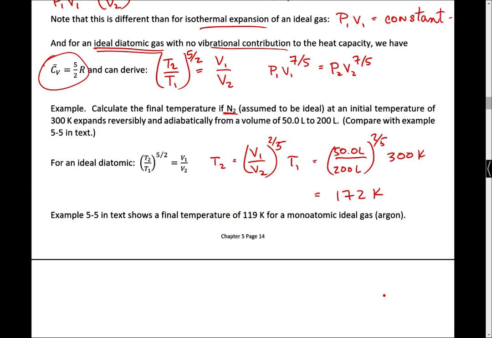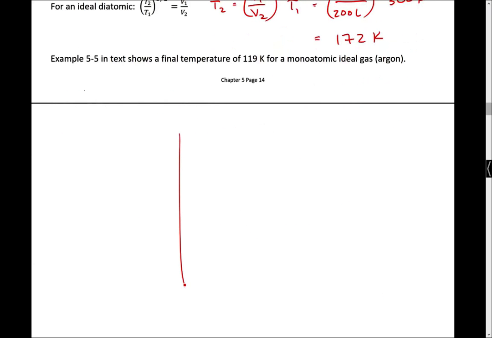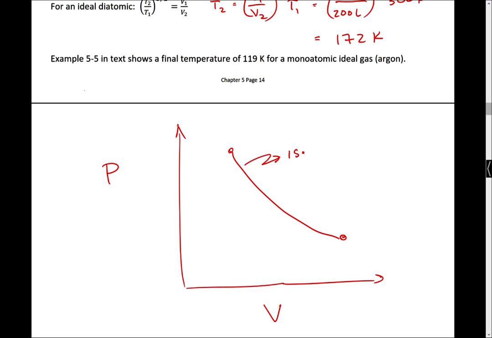So I wanted to take a moment to look at what that does to a pressure-volume curve. So I've got pressure on this axis. I've got volume on this axis. I'm going to draw in an isotherm. We're going to have the same initial volume, same final volume, right?